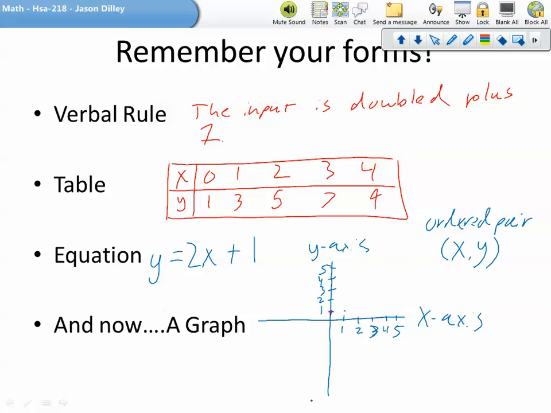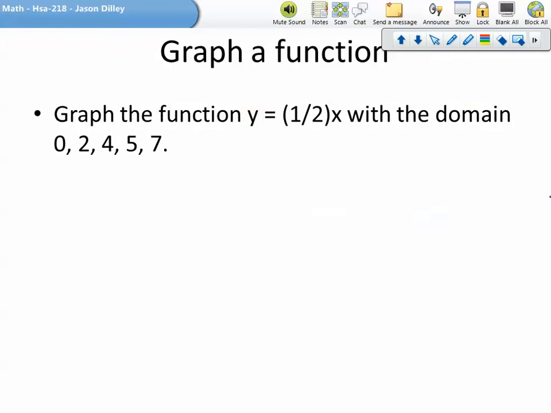There's a point right there, and then I go to the point 1, 3. There's a point right there, and then I go to the point 3, 7. That's up here, a little bit too tall. And then the point 4, 9, which is way up here, right there. So there's a graph that represents this particular function that we have thus far. All right. Next slide.